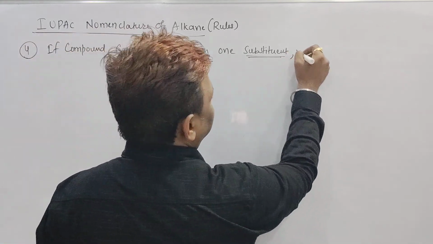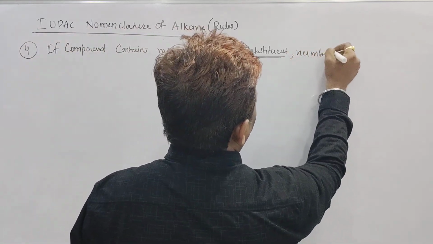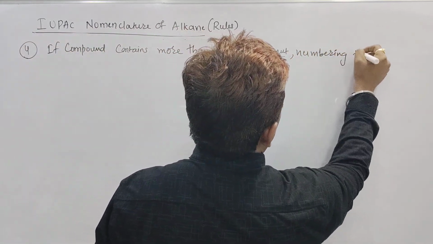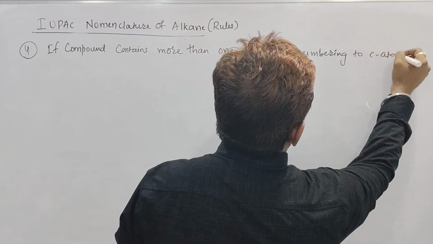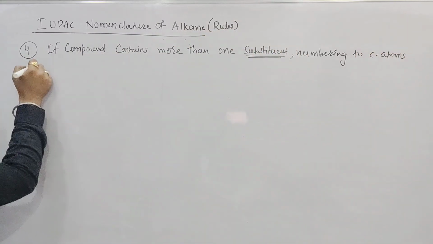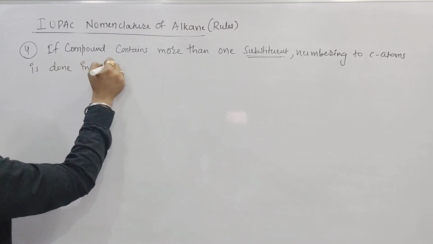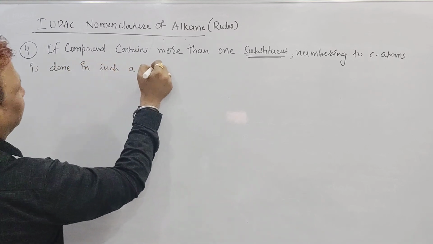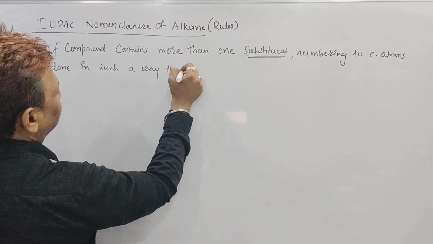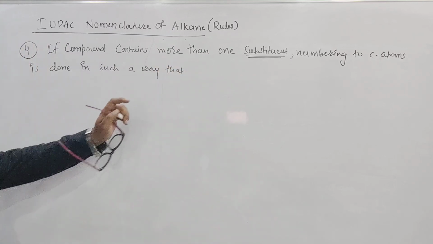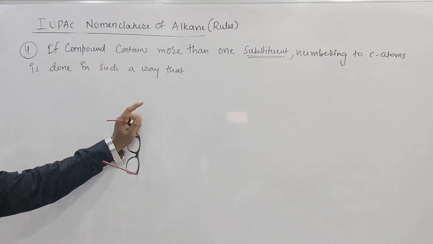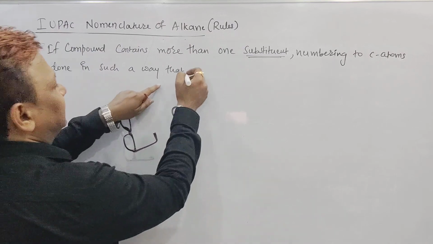that numbering to carbon atoms is done in such a way that it should get the least number, or we can say the sum of the positions of the substituents has to be least.